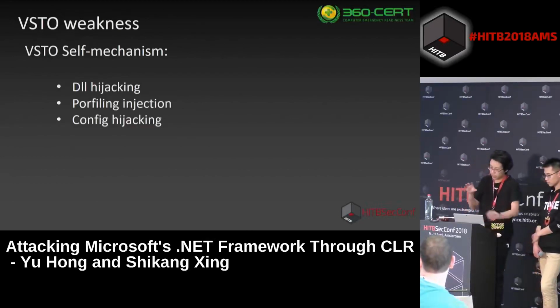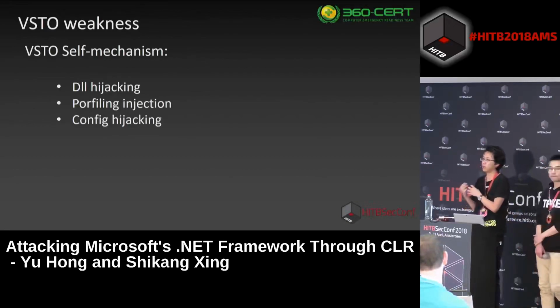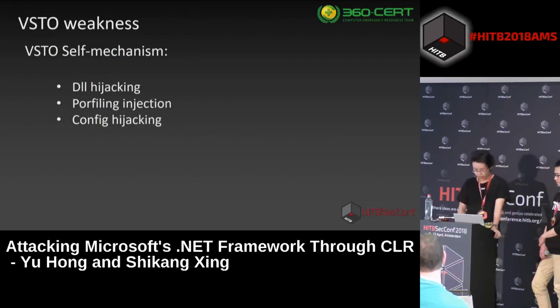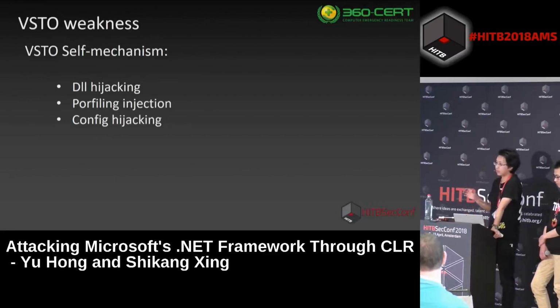Since the VSTO documentation is hosted by the CLR, we can do the same things in the CLR, and we can do the same things in the VSTO. So there's a question: can we find more bugs from this idea?